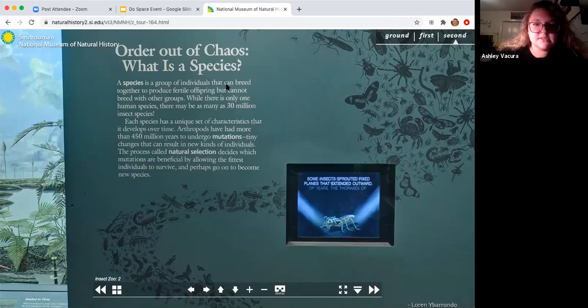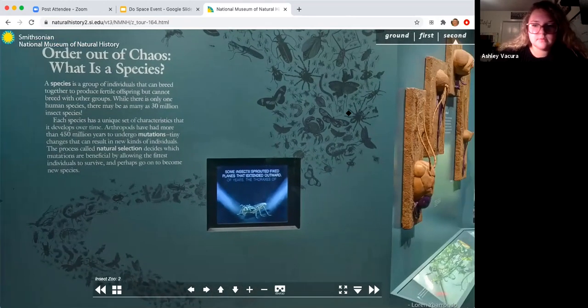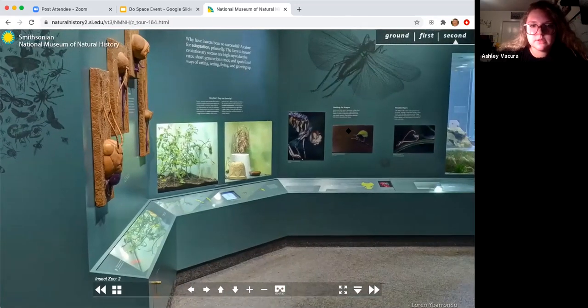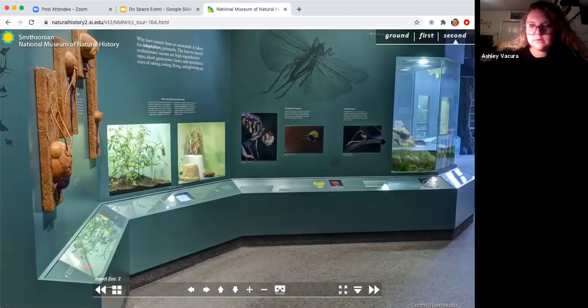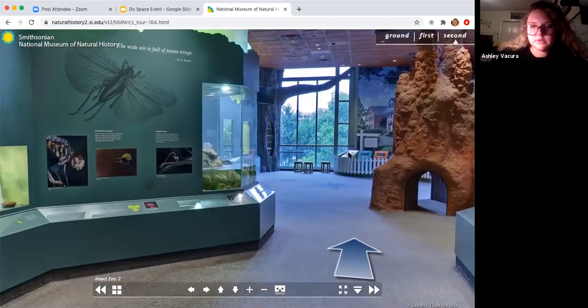So that's why humans can only breed with humans. You know, bears can only breed with bears because they're the same species. You can see more over here. So that's kind of pretty.